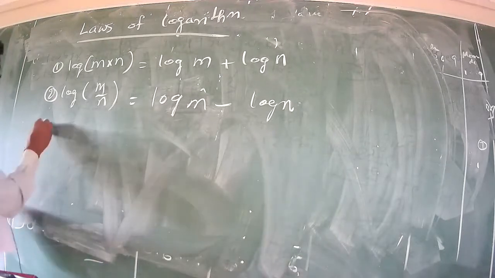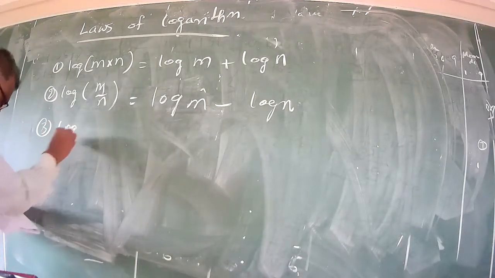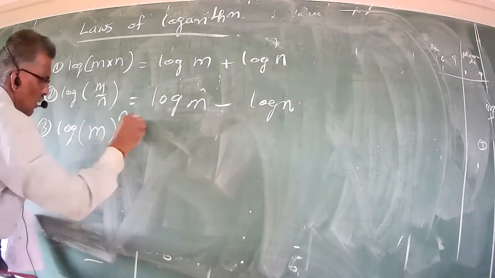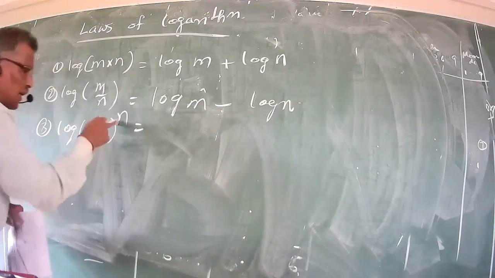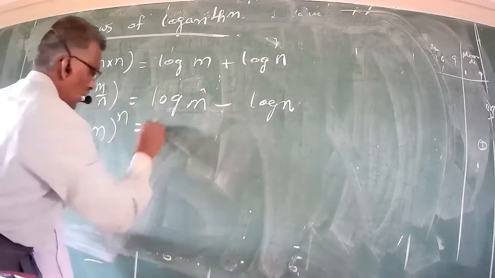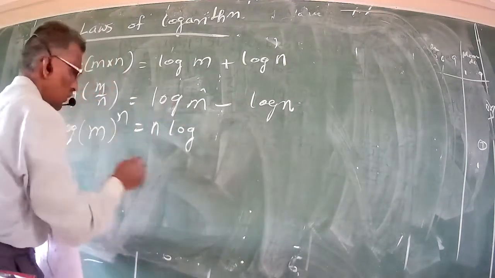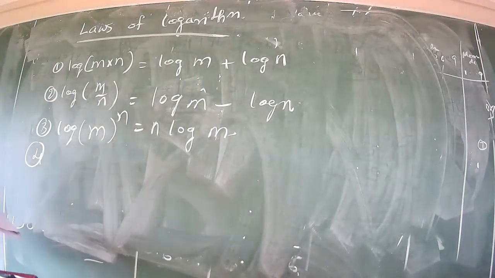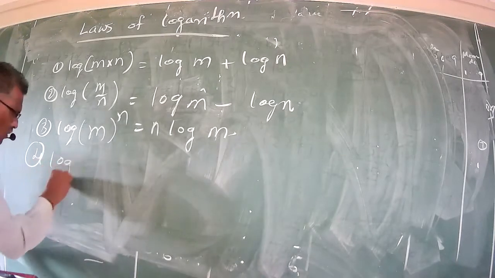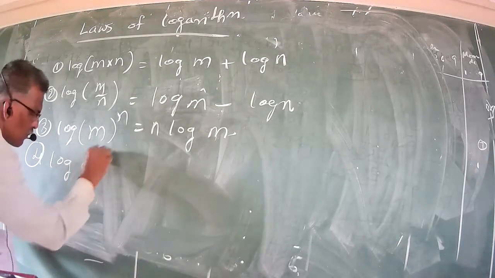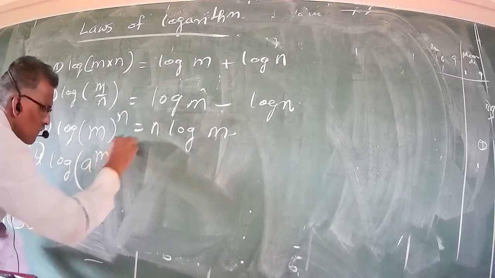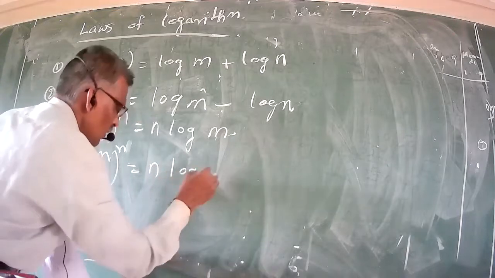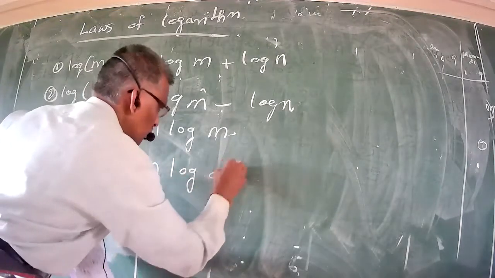Then the third law is log of m raised to n equals n into log of m, the index into the log. Next, the fourth is log of a raised to m, whole raised to n, equals n into log of a raised to m.